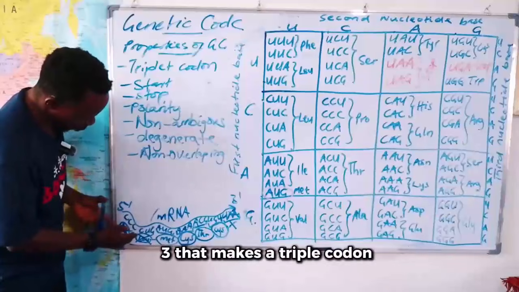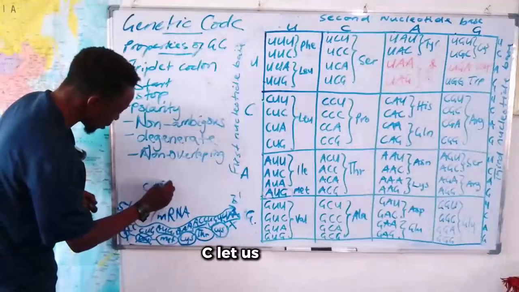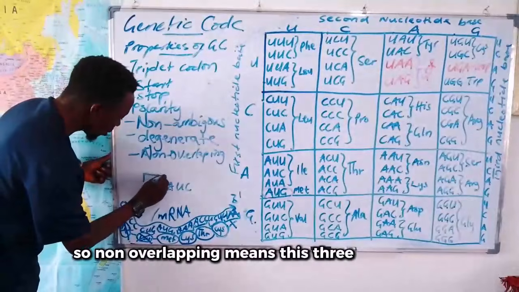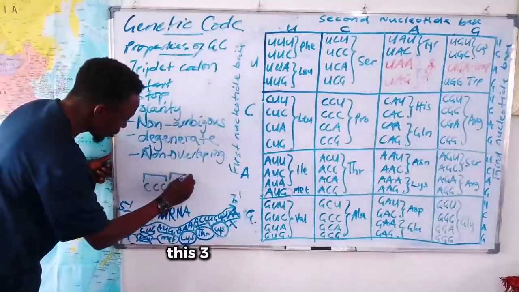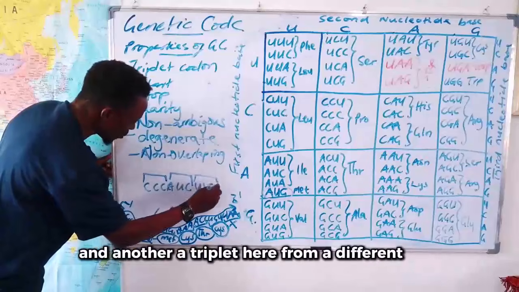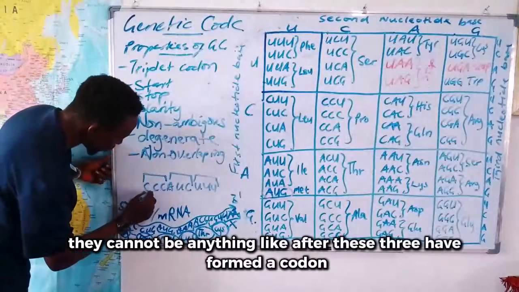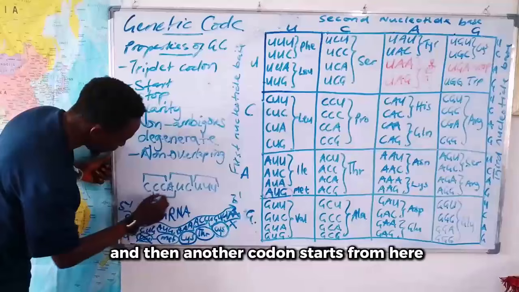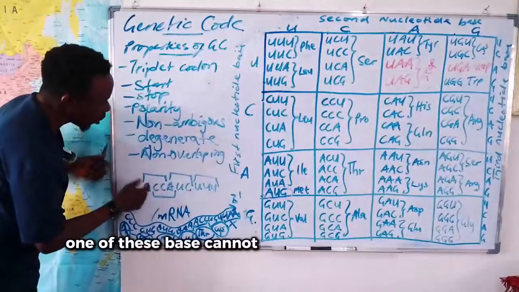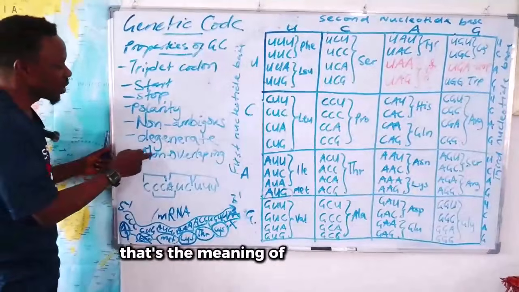That makes a triplet codon. So I cannot, for example, pick C, A, U, G. Non-overlapping means these 3 form a codon, these 3 form another codon, and another triplet here forms a different codon. There cannot be anything like after these 3 have formed a codon, another codon starts from here. One of these bases cannot be party to more than one codon. That's the meaning of non-overlapping.